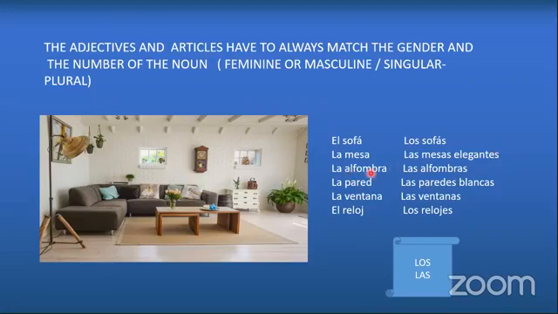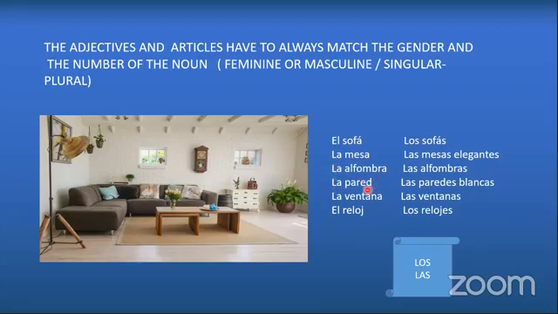La alfombra is the carpet, the rug. La alfombra becomes las alfombras. It's plural, from la to las, from singular to plural. And it's feminine, that's why I'm using la. Last one here. La pared is the wall.